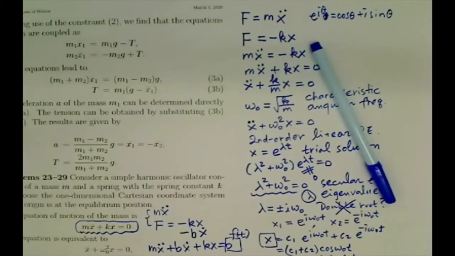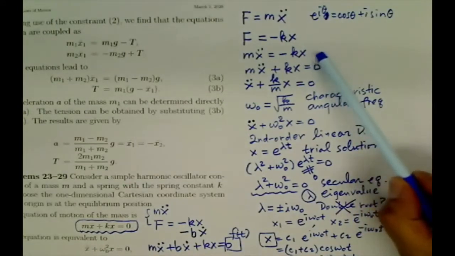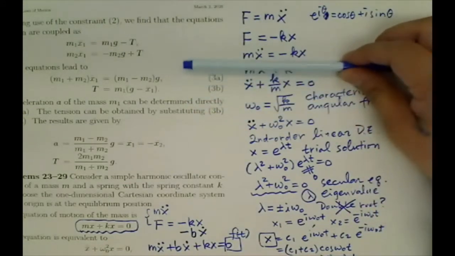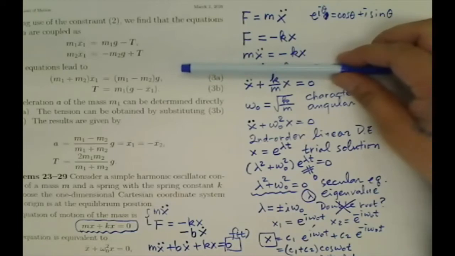If I make use of this relation, force is minus kx, and force is mass times acceleration, that is coming from Newton's second law, the equation of motion is determined in this way. m x double dot is minus kx.